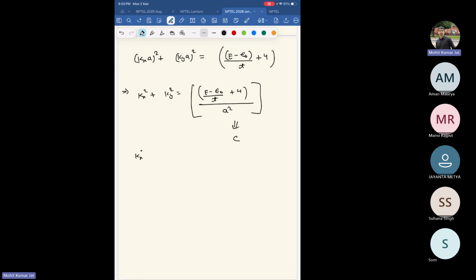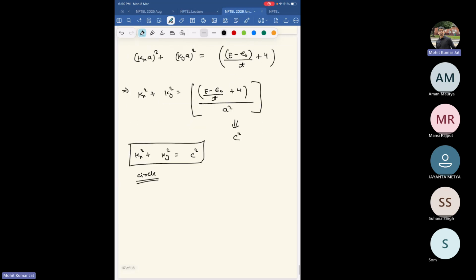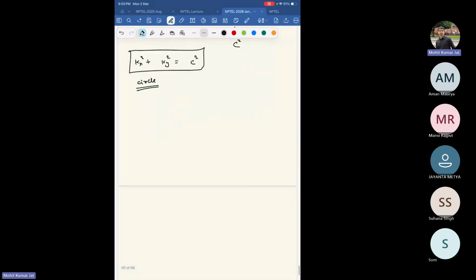So the equation which we have is kx square plus ky square is equal to c square, and this is an equation of a circle, we know. So in a two-dimensional square lattice, which is like this, and the hopping parameter being t, its dispersion relation for low carrier density will be isotropic in nature.